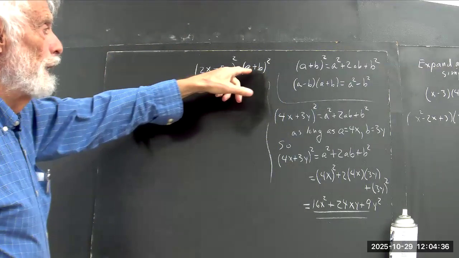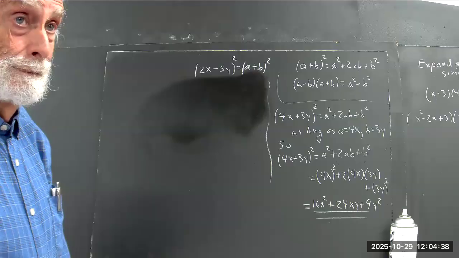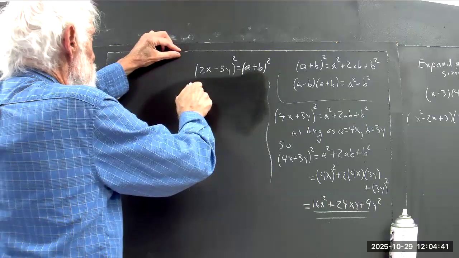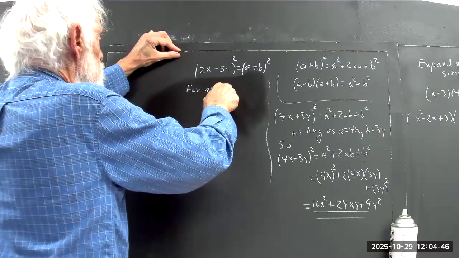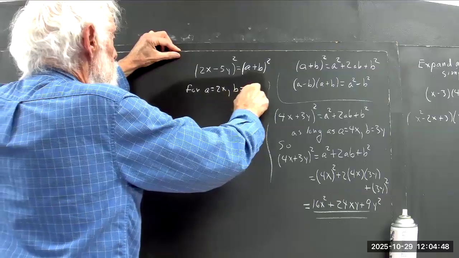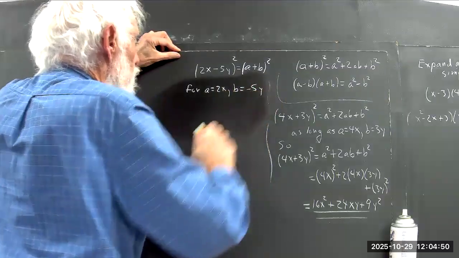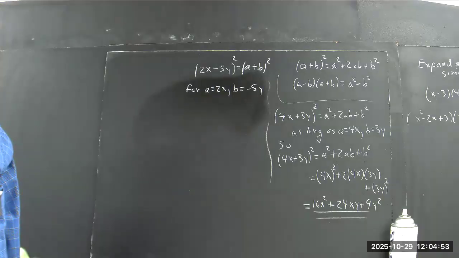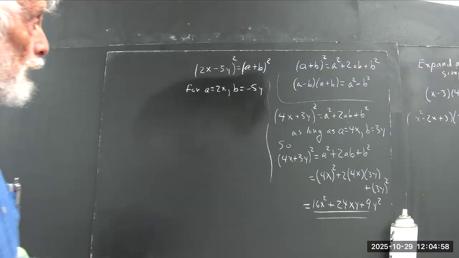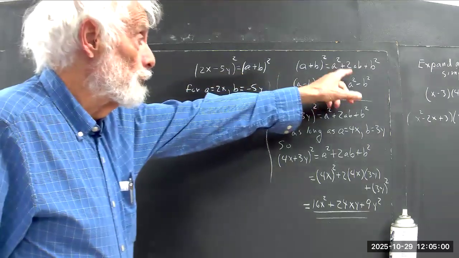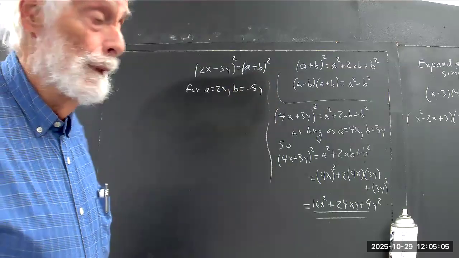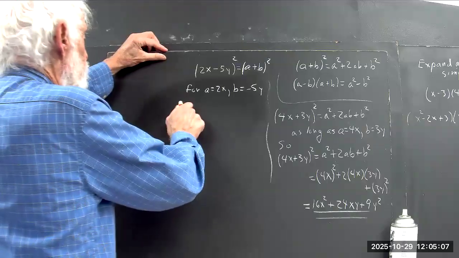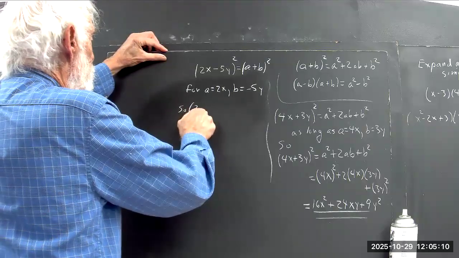This equals A plus B squared. A equals 2x and B equals -5y. Okay. Now, I could have written this as A squared plus 2AB plus B squared. Okay. Did I say so?